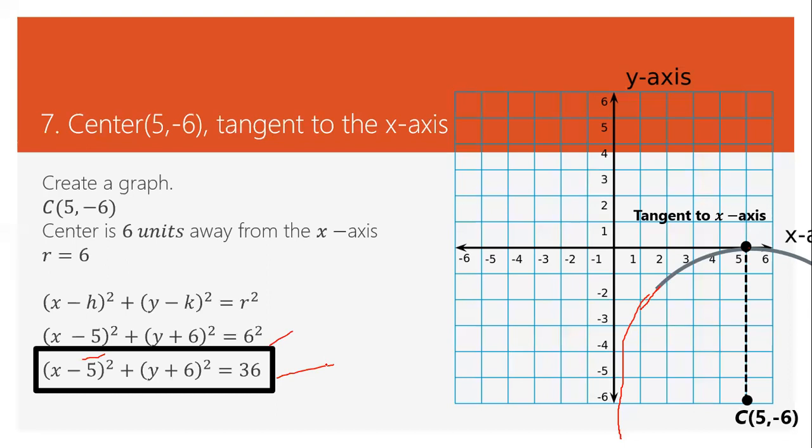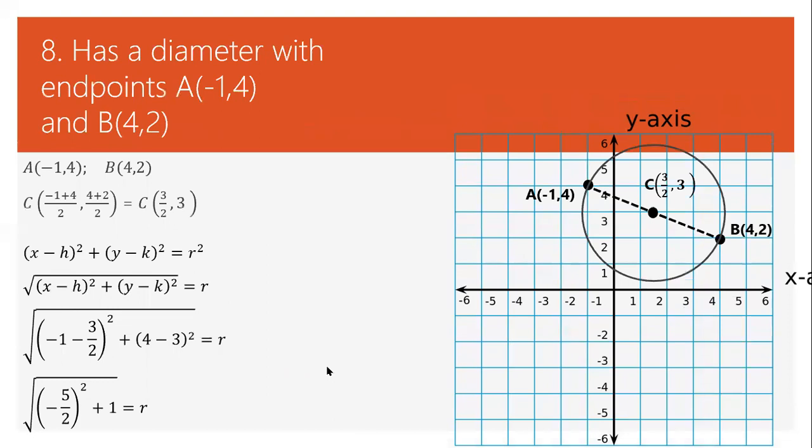Next. This is number 8. Has a diameter with endpoints A(-1, 4) and B(4, 2). Take note, the problem gives endpoints of a diameter of a circle. So therefore, these endpoints are part of a diameter.